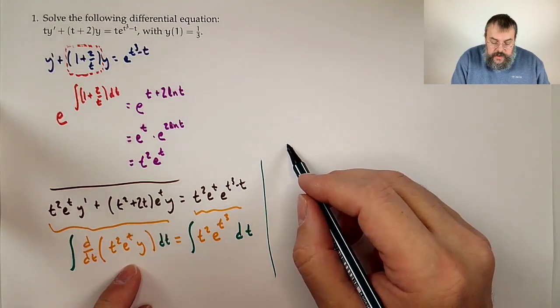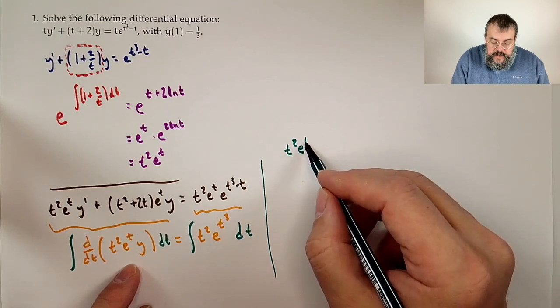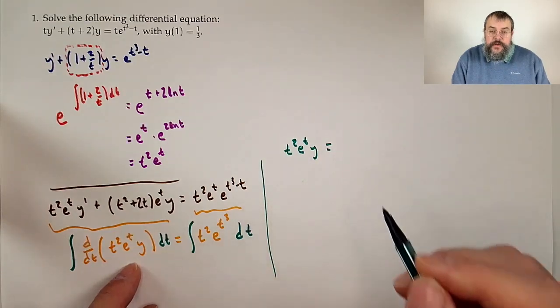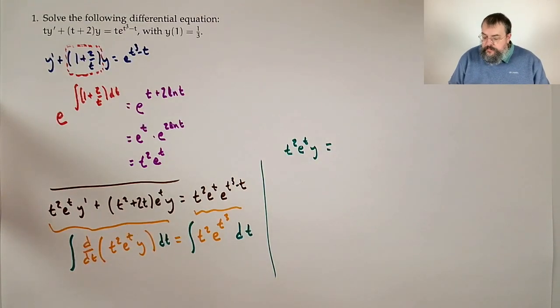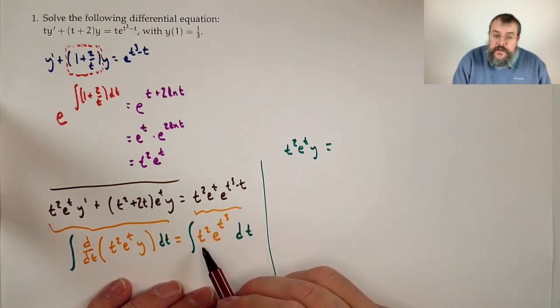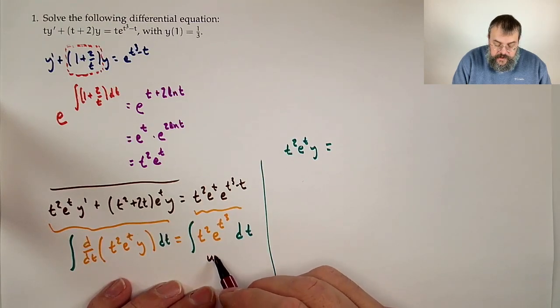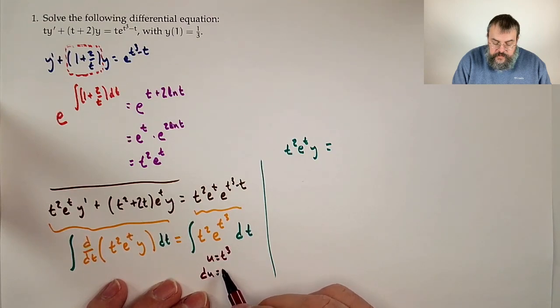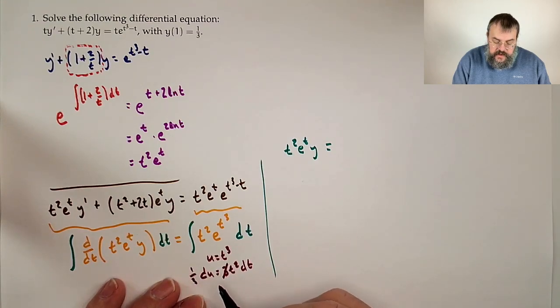We'll get t squared e to the t y, that's the left-hand side, is equal to, now on the right-hand side, what we'll do is a substitution, because we see a function inside a function. So we'll let u equal t cubed, then du is 3t squared dt. Well, we can move the 3 over to the other side.